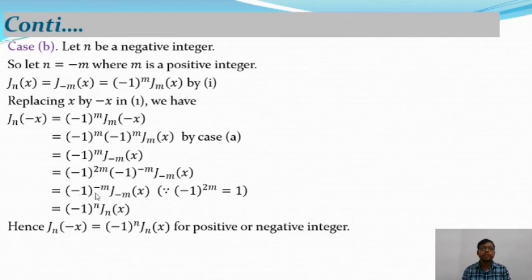So minus 1 whole to the power minus m of J of minus m of x, and I have taken minus m equal to n, so after replacing minus m by n, we get minus 1 whole to the power n into Jn of x. So in both cases Jn of minus x is equal to minus 1 whole to the power n of Jn of x, that means for positive and negative integer n. Hence the proof of the second part of the given problem.